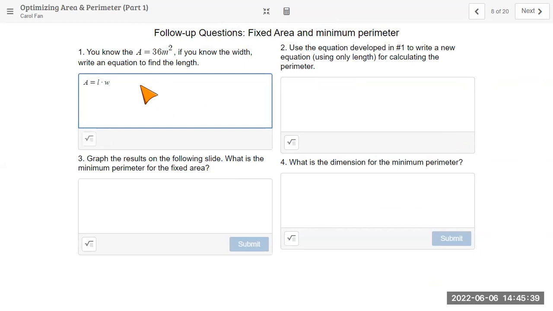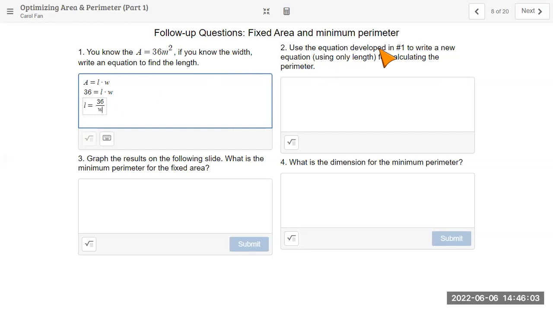So I could substitute it in and say 36 is equal to length times width. If I knew what the width was, that would be some number, and I could rewrite it as length is equal to 36 over W.